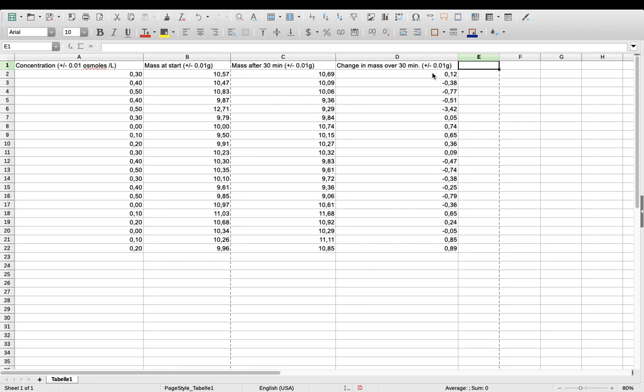And so this is the percent change in mass. And this is plus or minus 0.1%. We lose a little bit of precision when we're calculating percentages because we're moving the decimal place around.